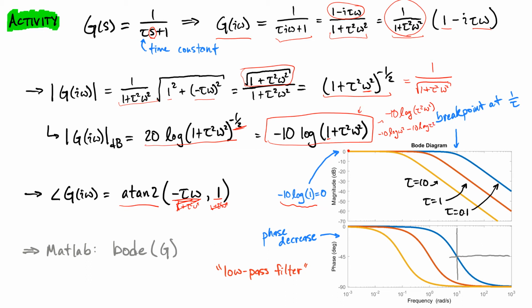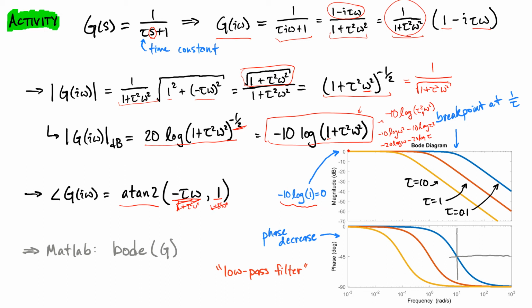Using the log rules again to bring down the 2 factors, we've got 20 log of omega minus 20 log of tau.